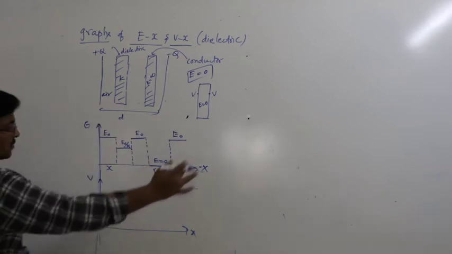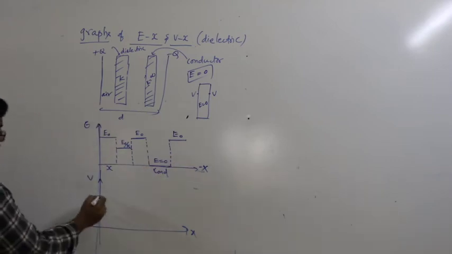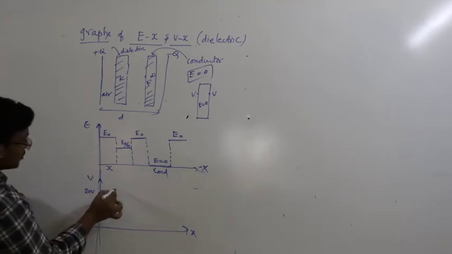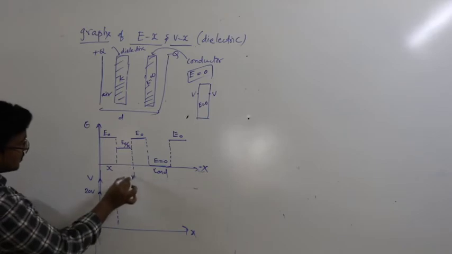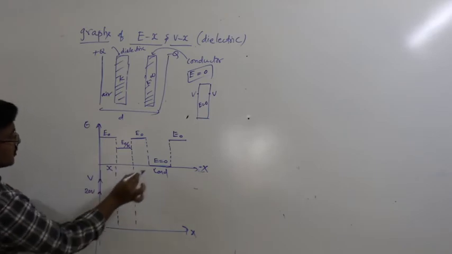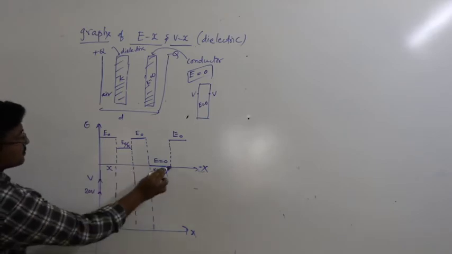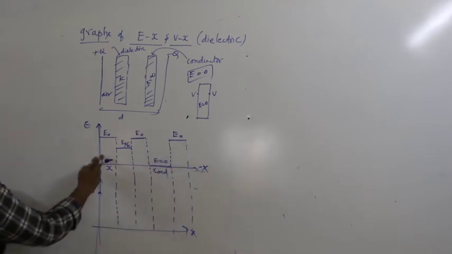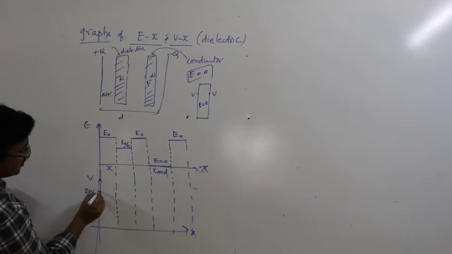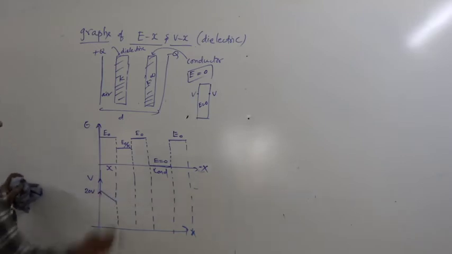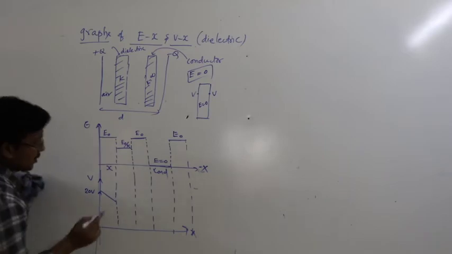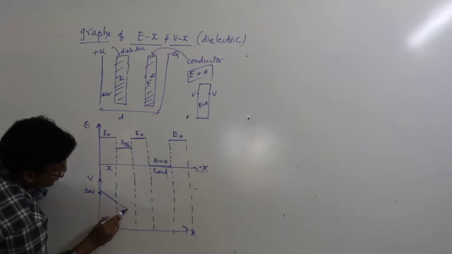Now if I draw the same graph for potential, see here the initial potential I can take as 20 volts. Now in the air the potential will decrease. I am just drawing it like this, so that there is no confusion. Initially it is air, so the potential decreases very fast, and in the dielectric it cannot drop that fast.